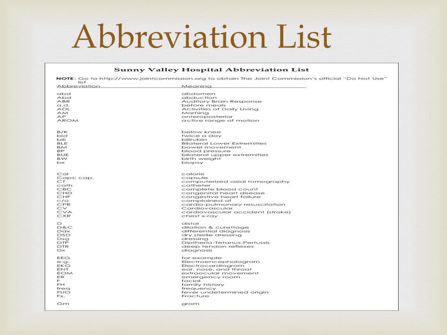In this case, I have one as an example for Sunny Valley Hospital. This is just an example of a particular list of abbreviations that are allowed in their facility.